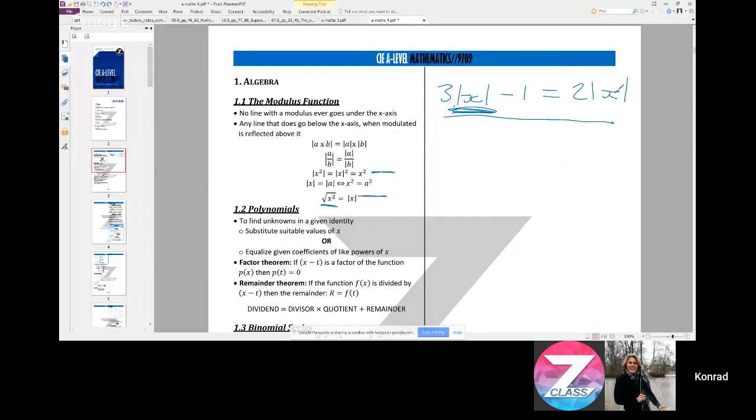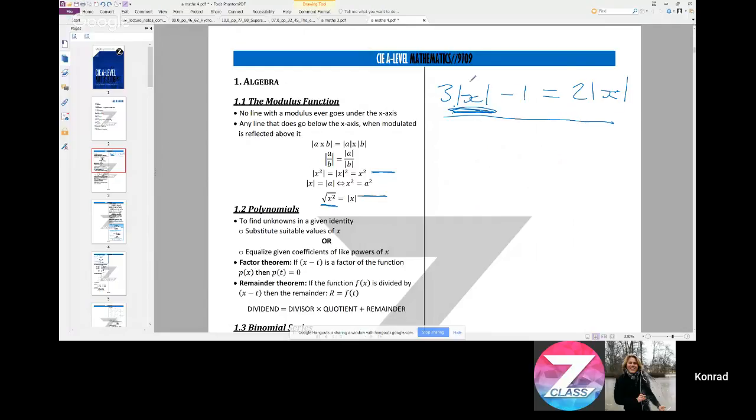Either your two modulus signs can have the same sign, or they can have different signs, right? So there are four possible combinations in total, right? This one can be plus and minus, this one can be plus and minus. So that's a total of four combinations. But two of those pairs are actually just the same equation made negative.